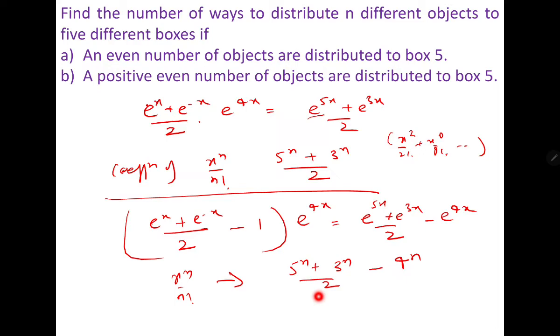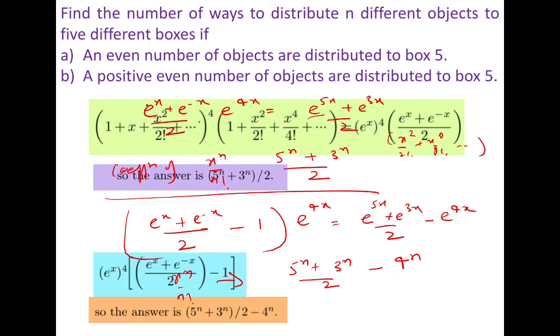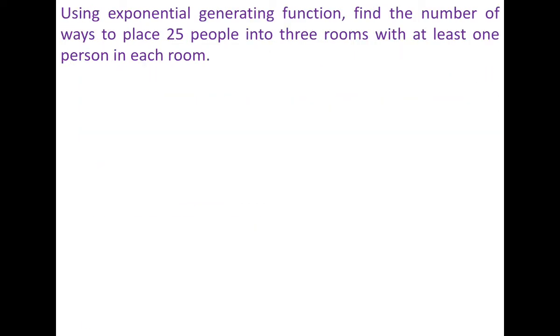Again you will see that if you use the combinatorial techniques, then it is more difficult to address. So last question: find the number of ways to place 25 people. Again, when we say 25, it means distinct objects are there, in 3 rooms with at least one person in each room.